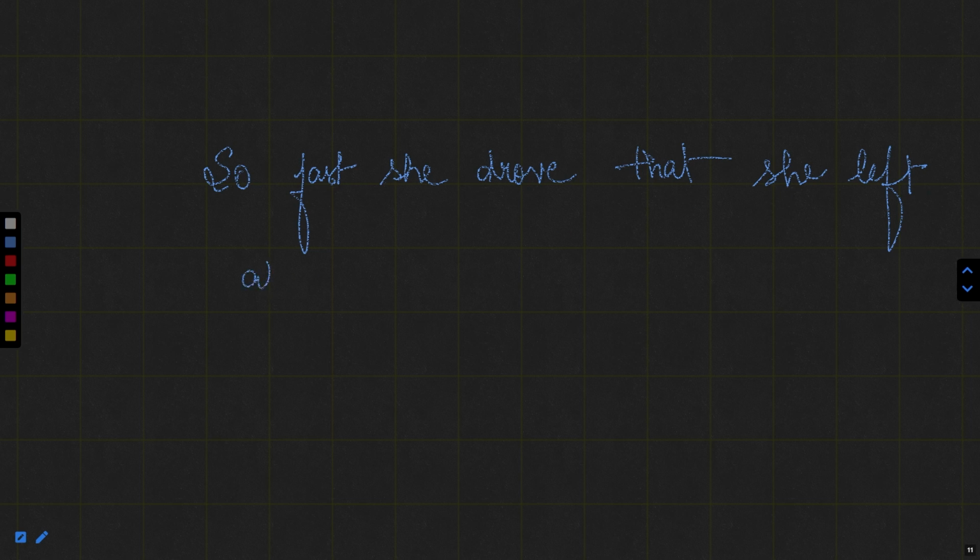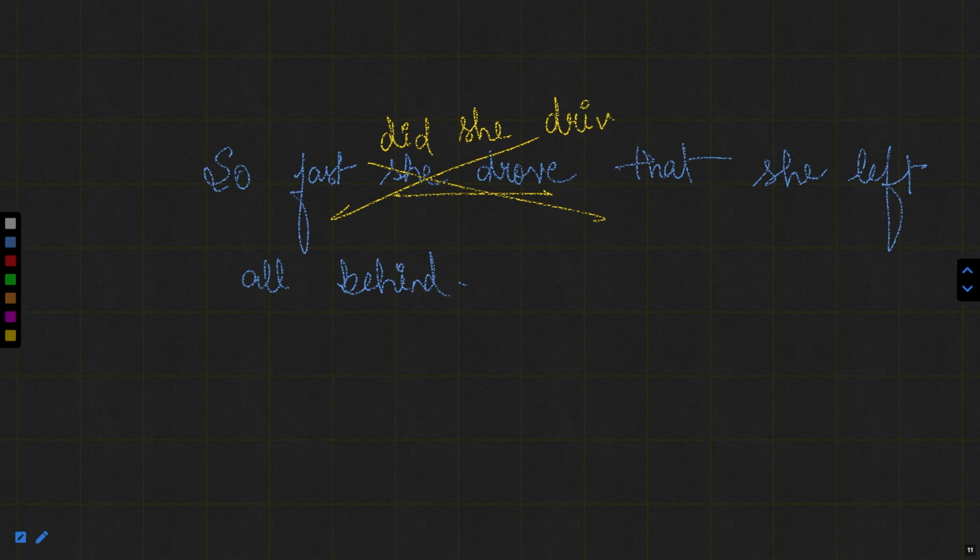Now, if this is the sentence and I have to rectify it, so fast she drove will be incorrect. Instead, we should write, did she drive? Just because the word that is beginning the sentence is so.